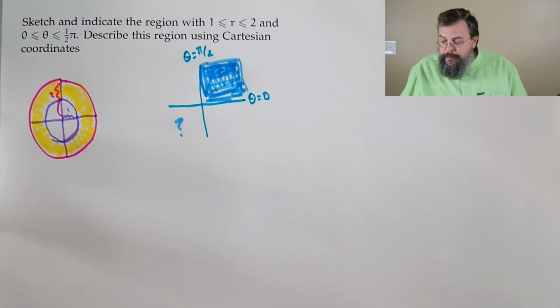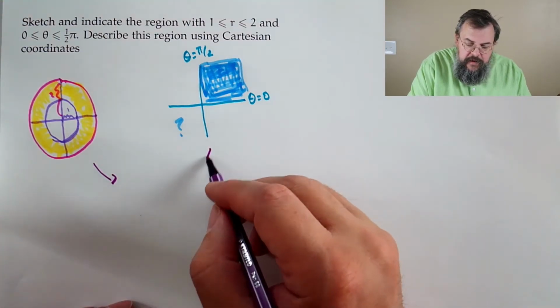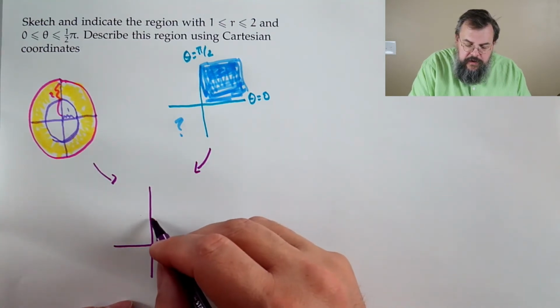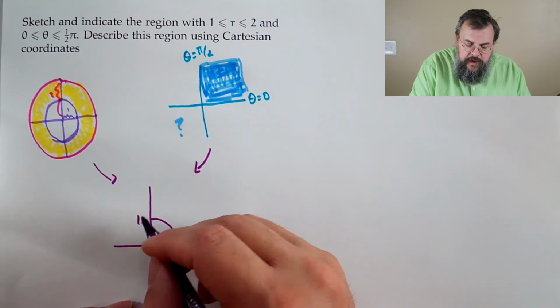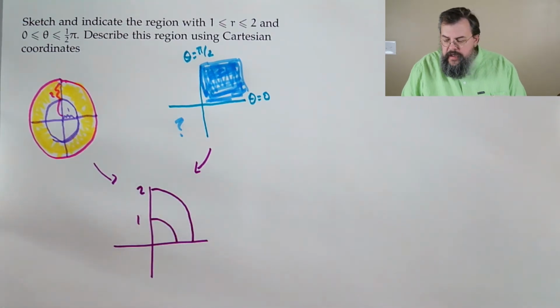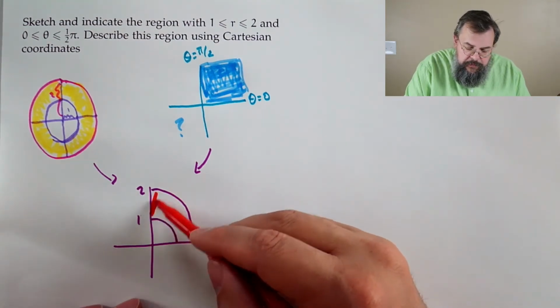And where do they overlap? And the answer is they do in the following way. So it's going to be 1 to 2, and then we just need to shade this in.